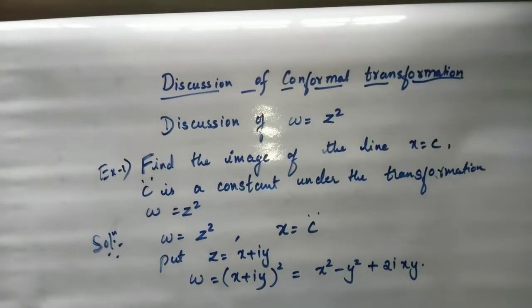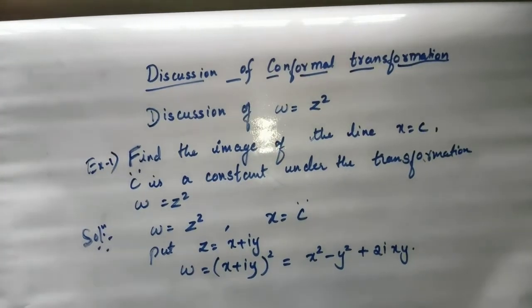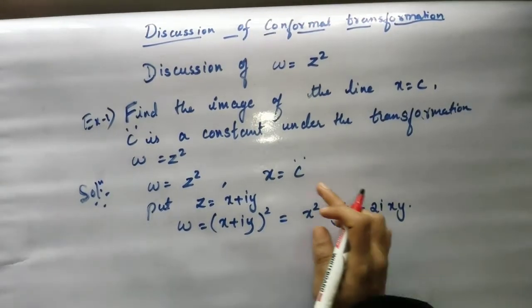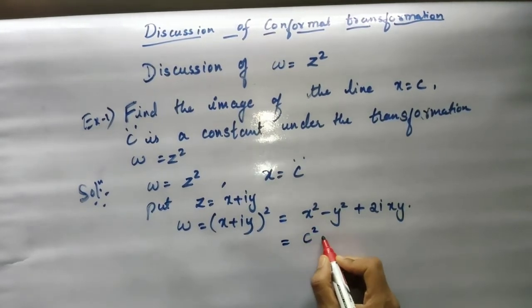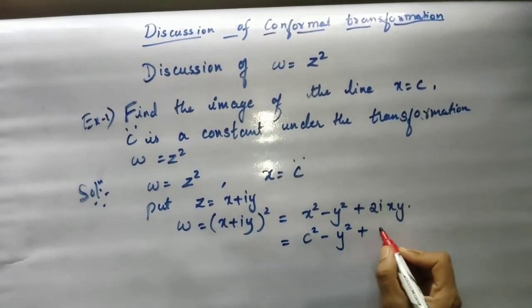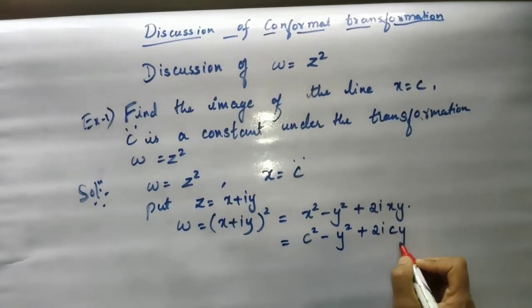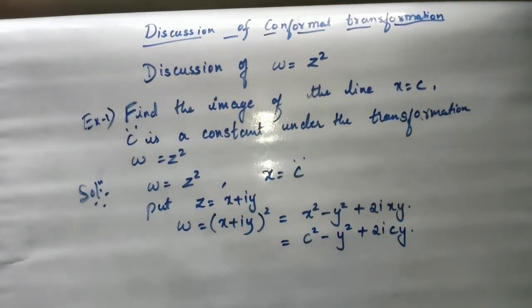Okay, now since x is a constant c, let us substitute x as c. So it will be c square minus y square plus 2icy.